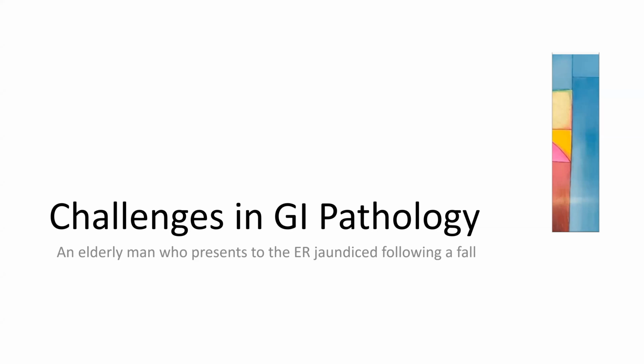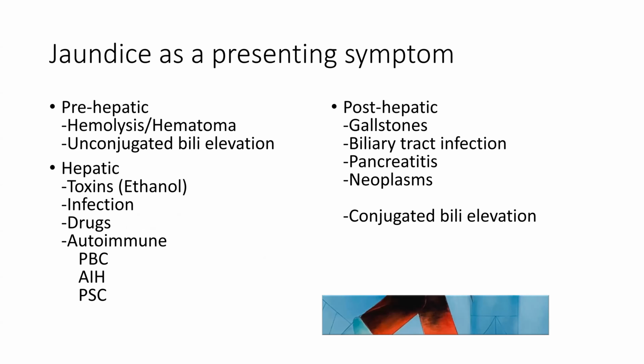So that, I thought, presents the opportunity to just talk a little bit about jaundice as a presenting symptom. Typically we think about bilirubin and jaundice associated with elevated bilirubin from the standpoint of where the action is, where the excess bilirubin is being generated, and how it's leaking out into the bloodstream.